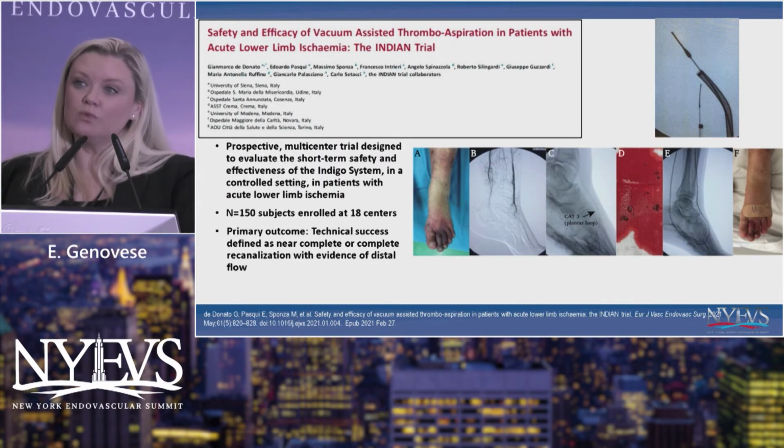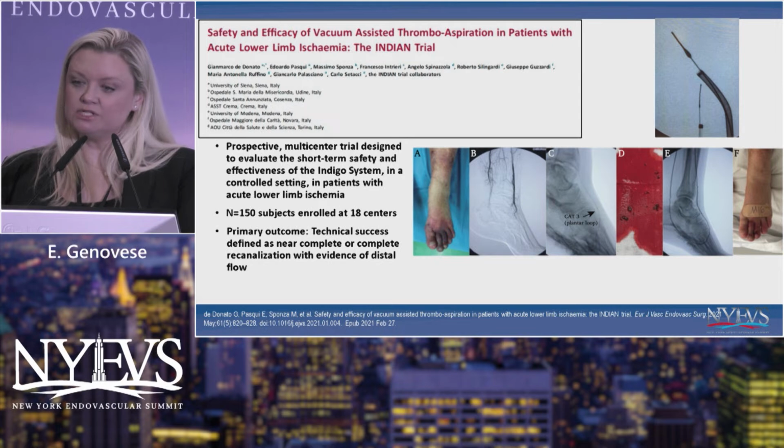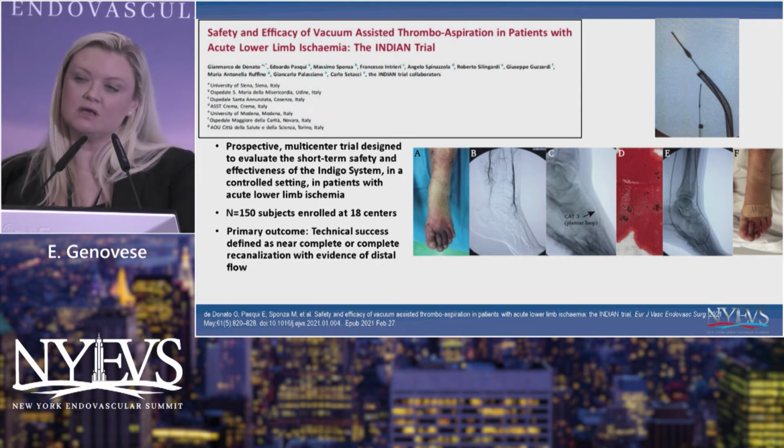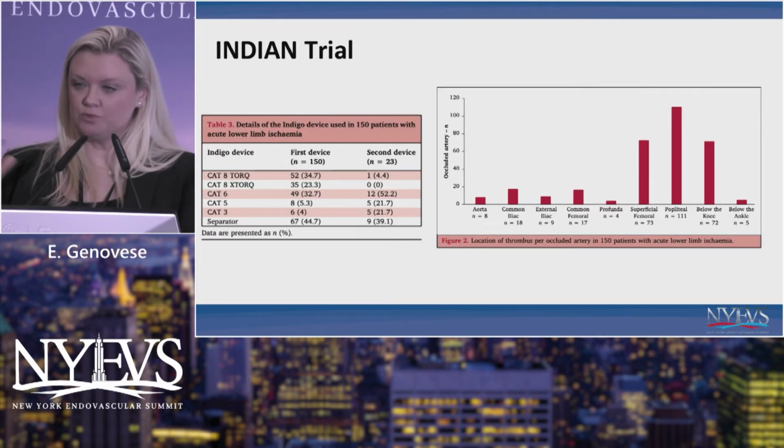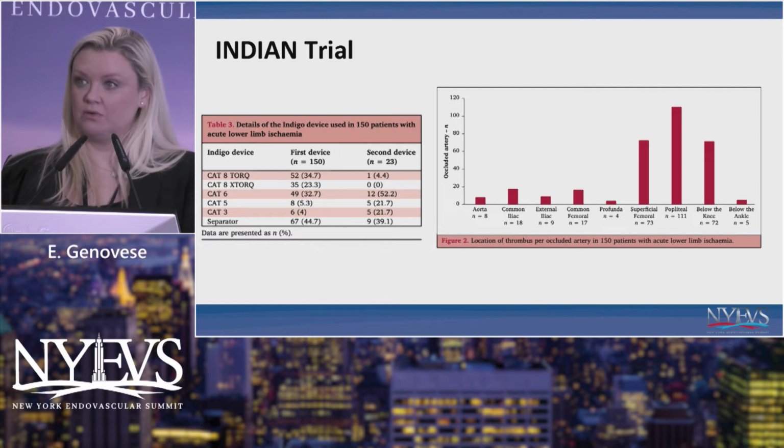I'm just going to touch on one recent study, the INDIAN trial, which is a prospective trial looking at acute limb ischemia using Penumbra catheters. What you can see is the distribution of the vessels, from the aorta all the way to below the knee and below the ankle, but a lot of the wheelhouse being in the SFA, the pop, and below the knee.